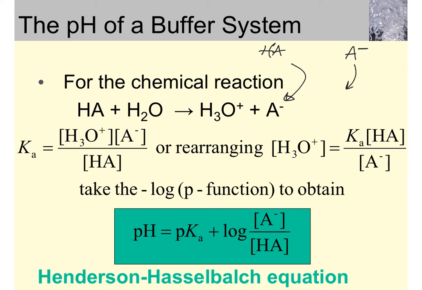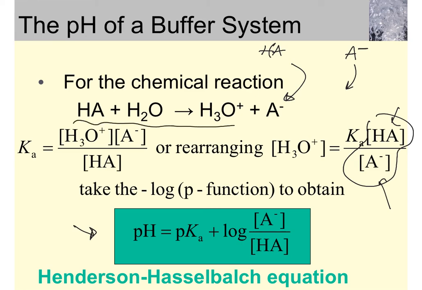And we could set up an ice table for a weak base. What happens if you have both of them? Well, as you might imagine, it depends on the ratio of the weak acid compared to its conjugate base that you have present, right? And although you won't need to derive this equation we're going to ultimately use for the pH of buffers, I do want you to know where it comes from.